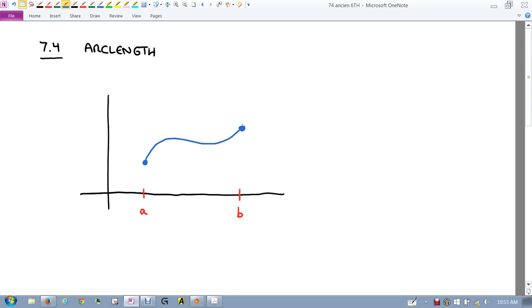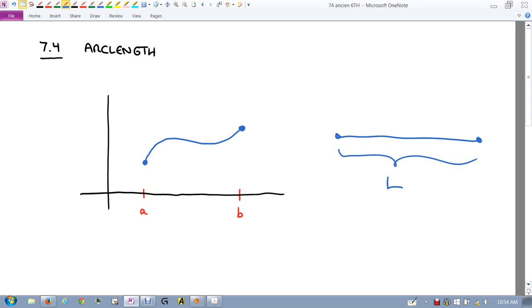Imagine taking this off the page, and imagine it was flexible and just straightening it out and then measuring how long it was, right? That's arc length. So we want to know, if we straighten this out over here, it would have a length L. I want to know how long it would be.